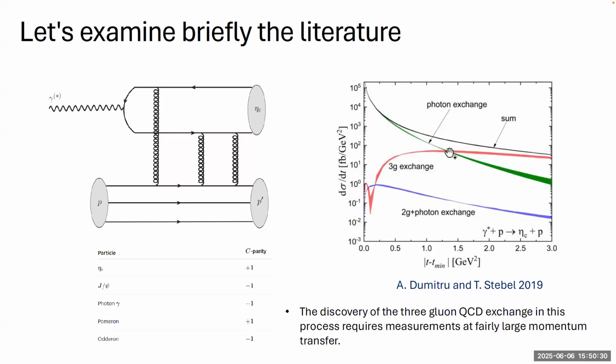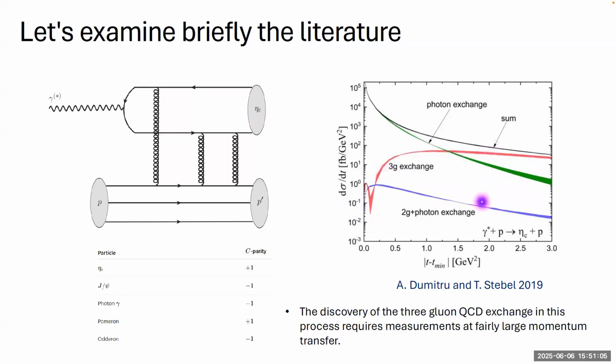They did some calculation. Here they put the interaction, the exchange of the photon. So you have -1, -1, and you get the eta C meson. This is a large contribution in this slow T regime, so you are not able to find the Odderon in this regime. But the second one is when you have the Odderon tri-gluon exchange in this part.